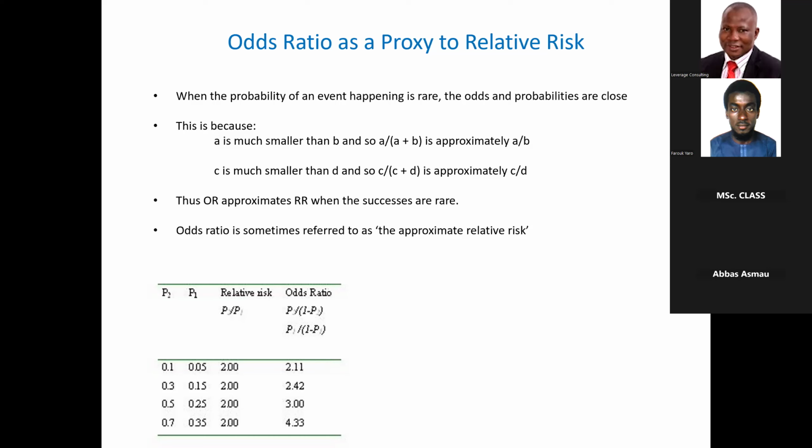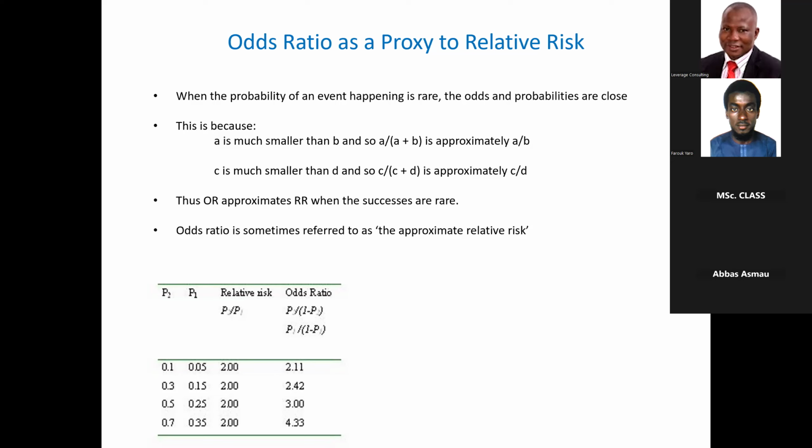Let's say the disease is rare. A plus B is the total along the row, which is, let's say, 500 in this case. And if the disease is rare, instead of 25, you can even have 5. How many people have lung cancer among the people that smoke?